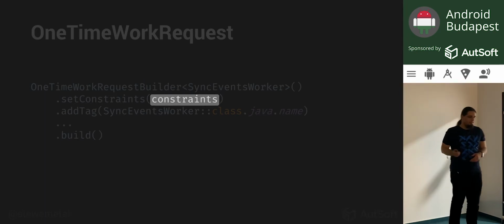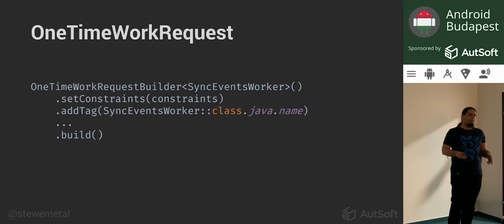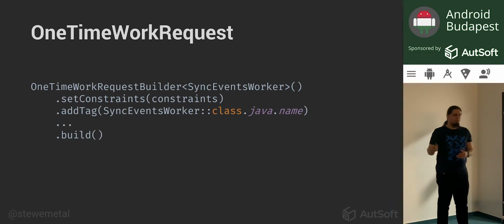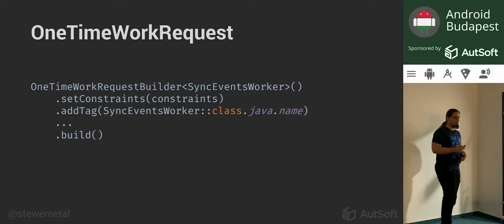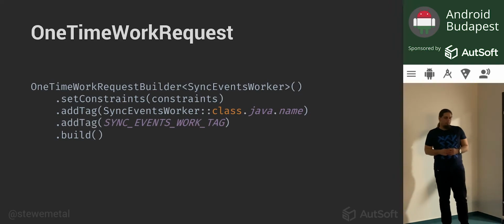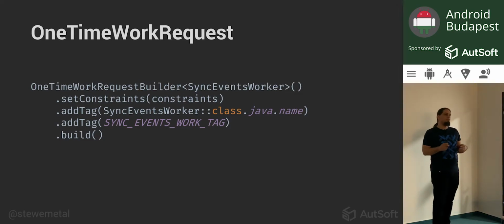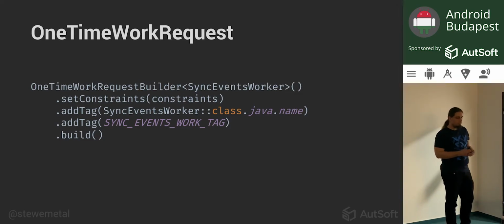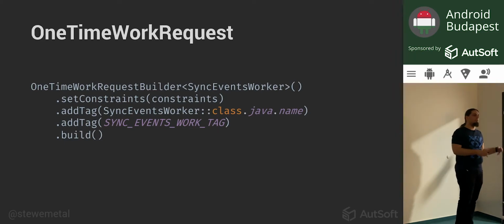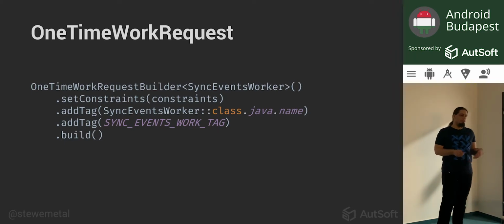We can pass in the constraints with the setConstraints method, and we can add tags to this work that will be scheduled with this work request. The tagging is a mechanism that makes works groupable. So when you want to refer to already scheduled workers, you can query these work groups by tags.